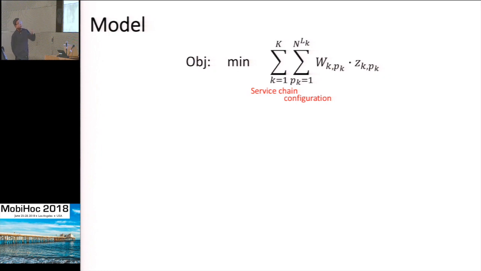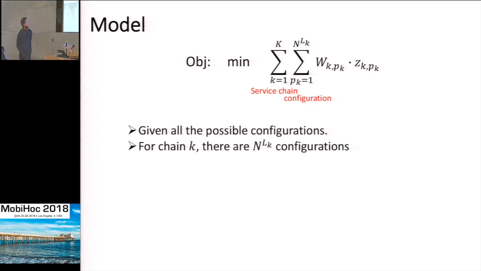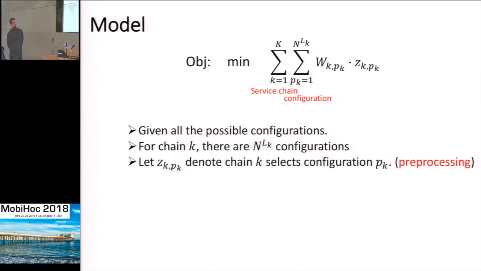So I want to find the optimal configurations so that I can minimize the overall cost. For service chain k, there are n to the power L_k configurations, where L_k is the number of functions in service chain k, and c_k,p_k is the cost of the local configuration p_k, so I can compute that in pre-processing.